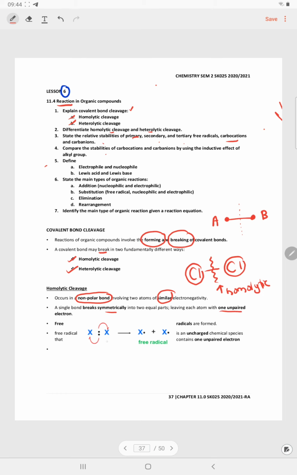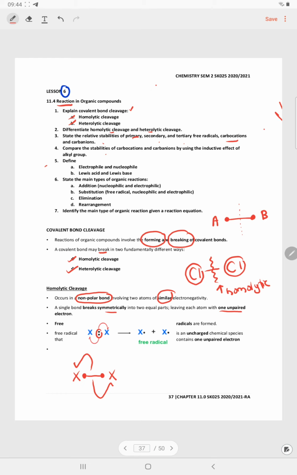So if this covalent bond occurs, drawing X bonded with X, each atom X has its own electron. So one electron will go toward itself. For our arrow, I use the half-headed arrow, which means one electron is given to one atom and the other electron is given to the other atom.